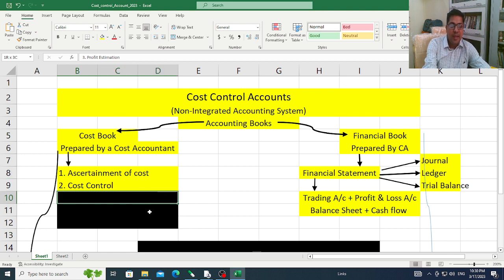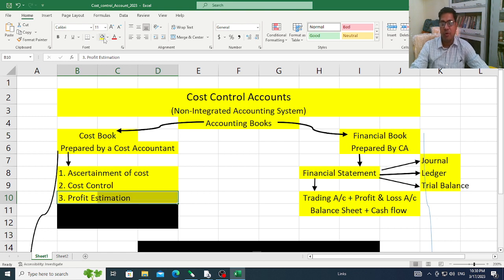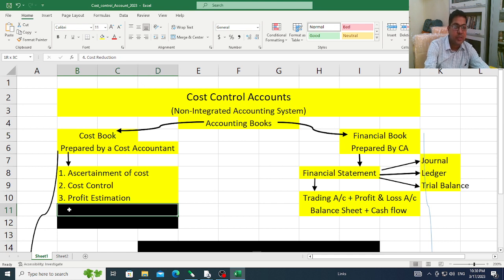And sometimes we have to estimate our profit. Profit estimation is one of the important things, and therefore we do cost book accounting. Sometimes we should know about cost reduction, and for that purpose we prepare cost books.